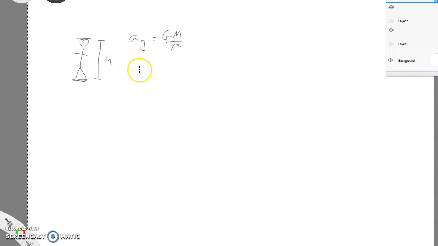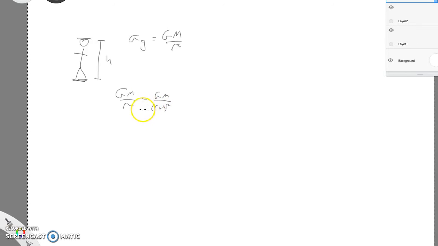If you wanted to calculate that difference, it would be very difficult because you would be subtracting GM over r squared minus GM over (r plus h) squared. This is going to be really tricky because h is super small.